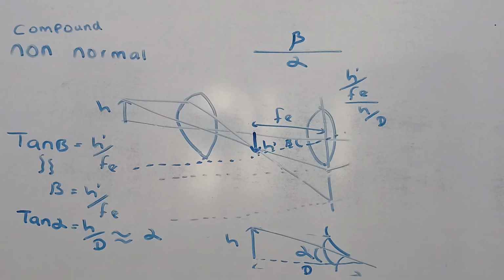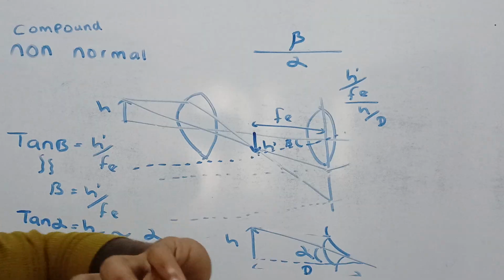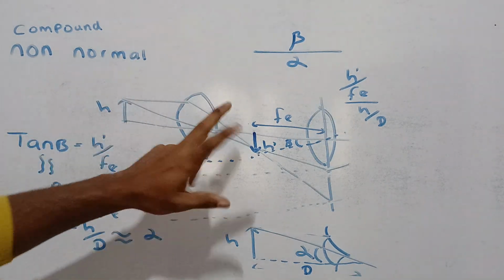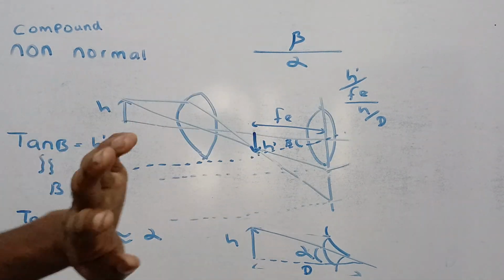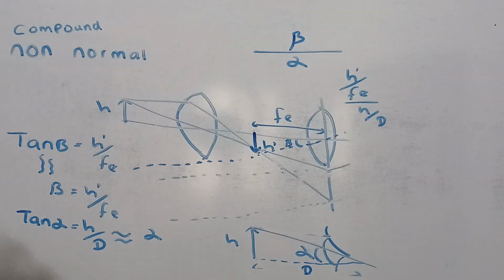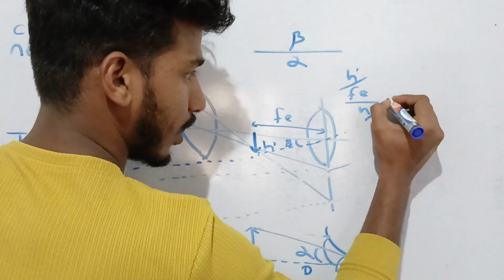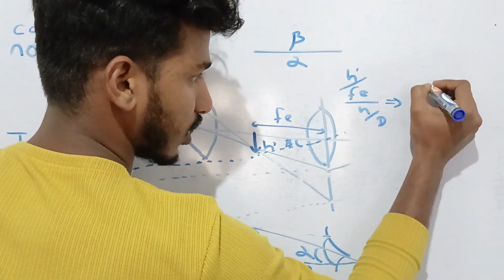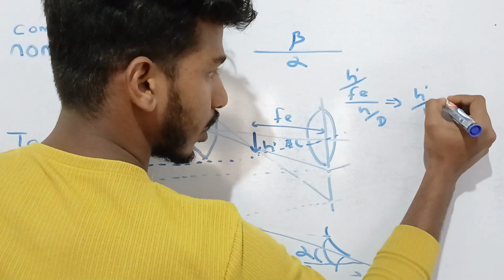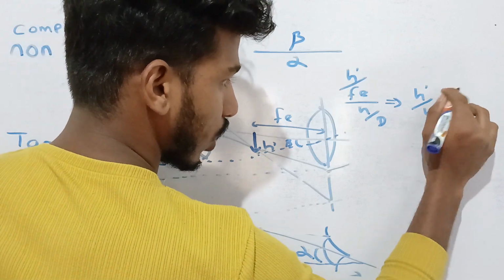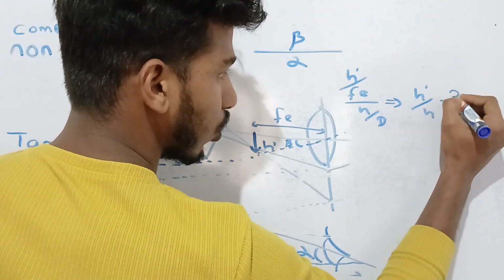Now you are still not done, because we have only obtained an expression like this. Usually they never give you the height of the images. So let me write this in a brief way: h dash over h into d over fe.